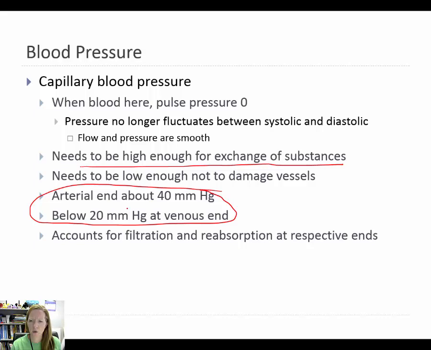So that's a nice little rounded number that you can remember. And again, the capillaries rely on this blood pressure range so they can exchange substances. So now let's go to the very end of our pressure gradient, and that's going to be veins.